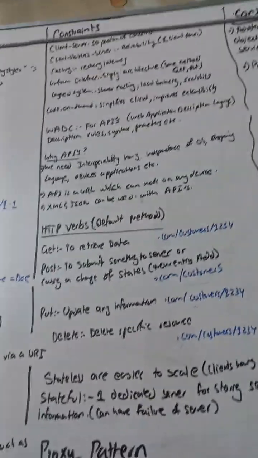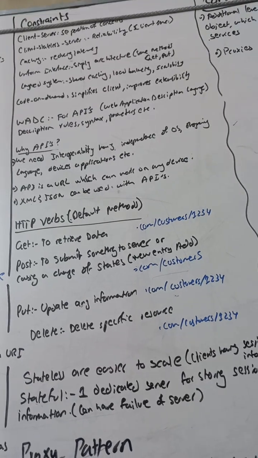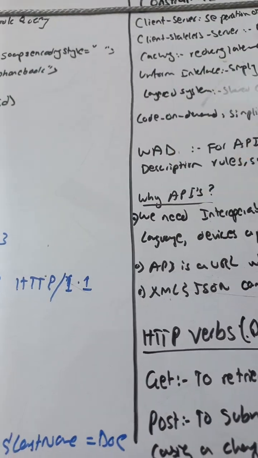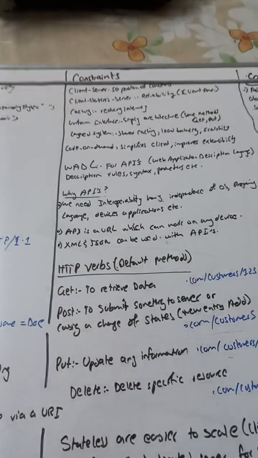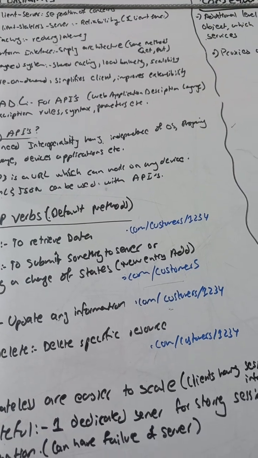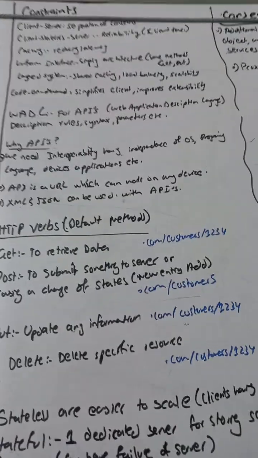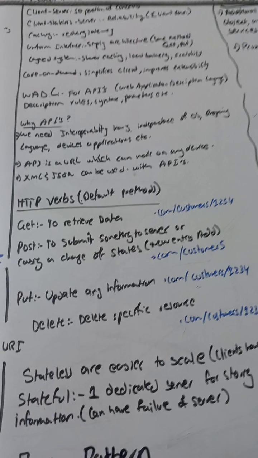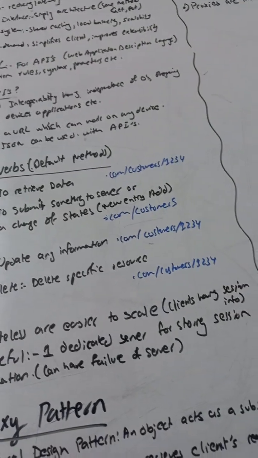Okay, then we have WADL, which basically stands for Web Application Descriptive Language. So what that basically means is, if you would look at the video on WSDL, वहाँ पे हम बात कर रहे थे.